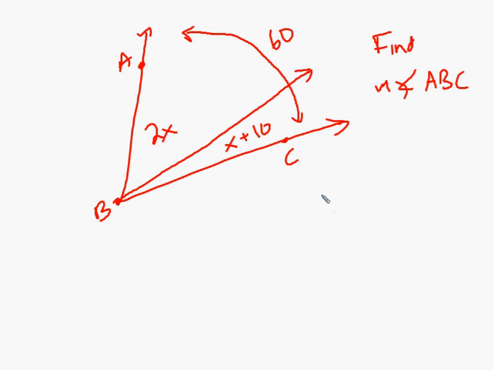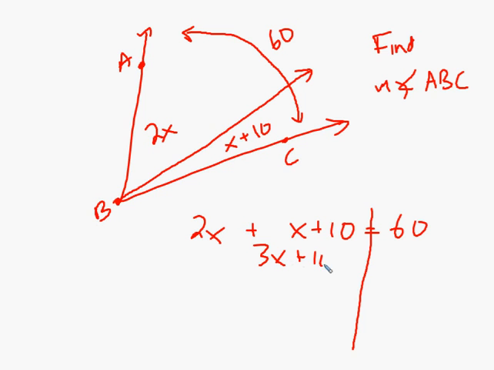What should we do, Jacob? Well, you need to set up the equation: 2x plus x plus 10 equals 60. Okay. Combine the terms. 3x plus 10 equals 60. Subtract the 10. Divide by 3.